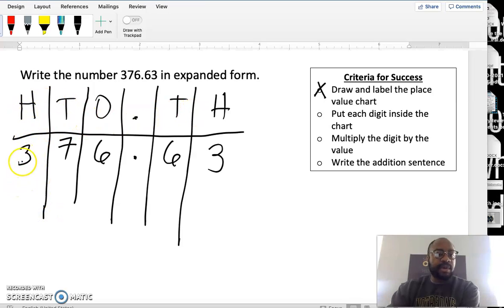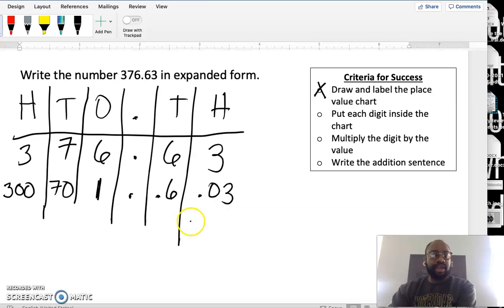Well, hundreds place we multiply by 100, so 3 times 100 is just 300. 7 times 10 would be 70. 6 times 1 would be 6, decimal point. 6 times 1/10 would just be 6/10. And then 3 times 1/100th, or a 3 in the hundredths place, would be 3 hundredths.